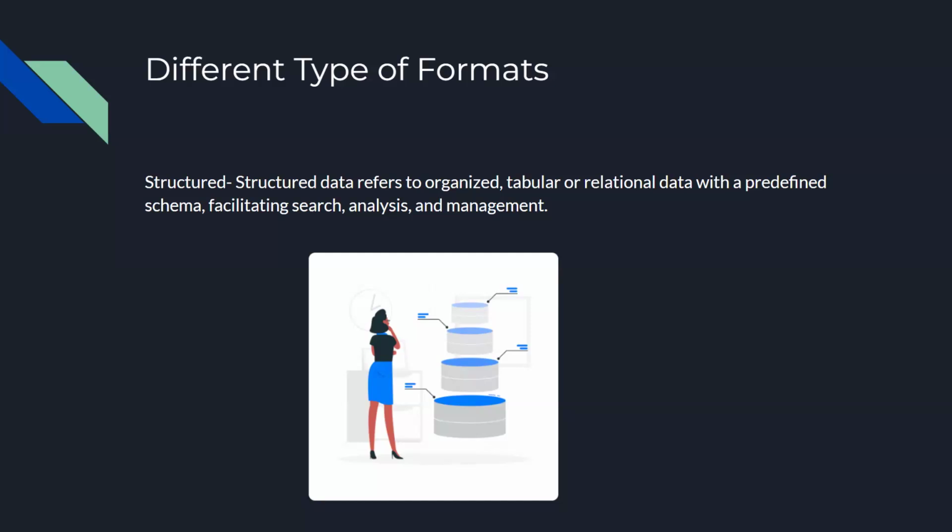So data is nothing but a bit of information which we are storing, and storing data also comes in different types of formats. It can be structured data, unstructured data, or semi-structured data. Structured data is nothing but a combination of rows and columns. Like, let's take the customers who are ordering on Flipkart.